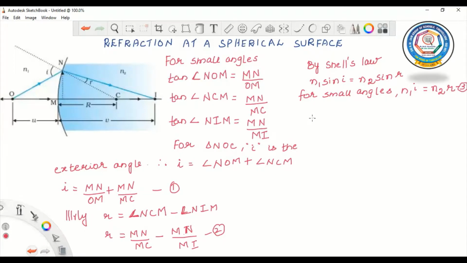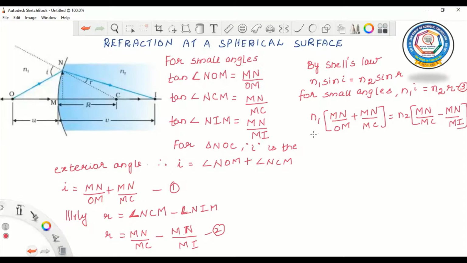When you substitute it, what will you get? N1 into MN by OM plus MN by MC, this is for i, is equal to N2 into MN by MC minus MN by MI, this is for r.